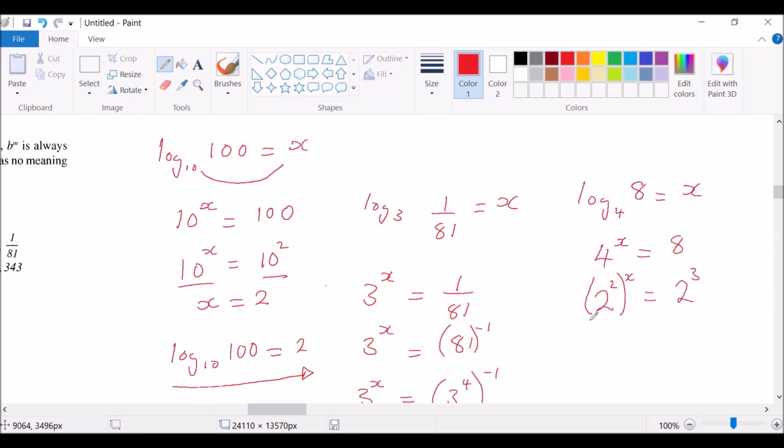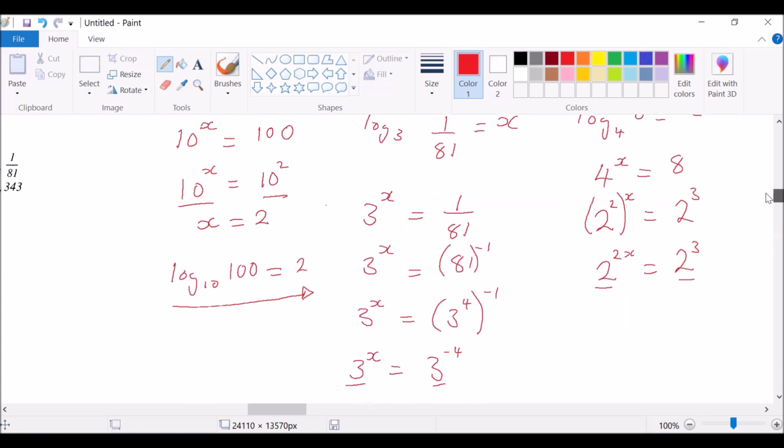8 is 2 cubed. So using the power to power rule, 2 times x, 2 to the 2x is equal to 2 to the 3. Since we have a common base and the two numbers are equal, the powers must be equal.